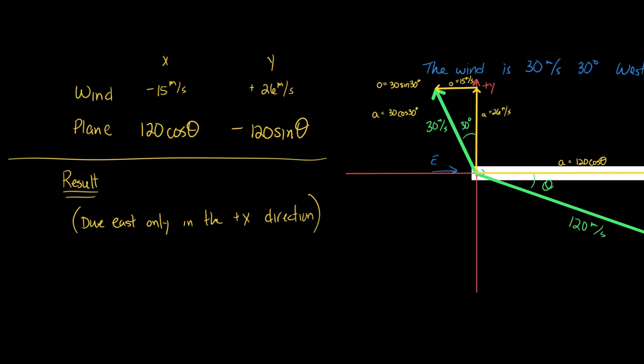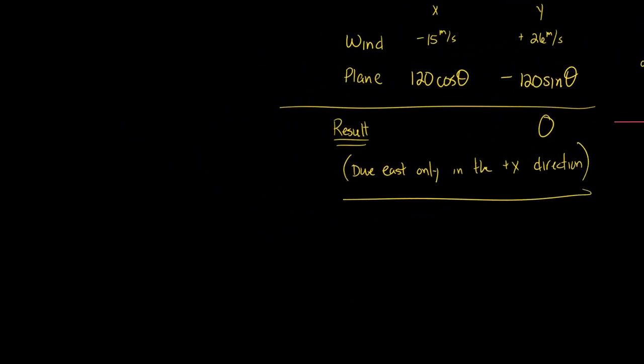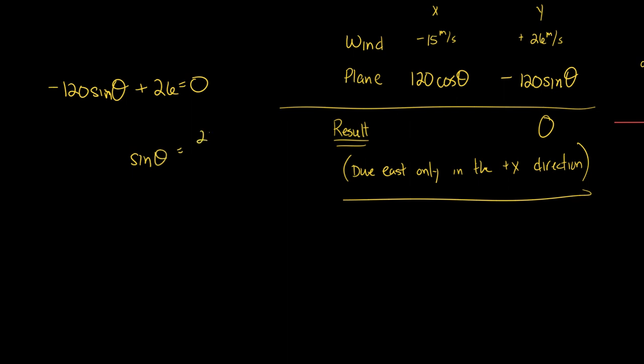Well, the only way the plane can travel due east is if I choose an angle that will eliminate any y direction in my resultant. So those two have to sum to be equal to 0. That means 120 minus 120 sine theta plus 26 has to equal 0. So sine theta has to equal 26 divided by 120. What angle corresponds to that?